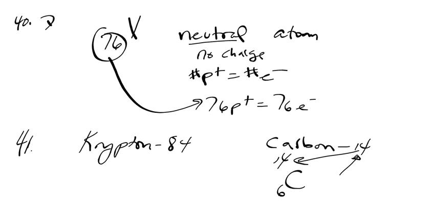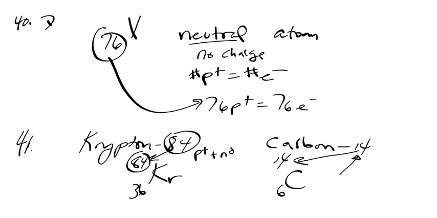So on krypton, which has a mass number of 84, I'm looking for it now. Krypton looks like this. Kr 36 with an 84. That represents the mass number, which is the number of protons plus neutrons. So for number 41 then, the answer is B.